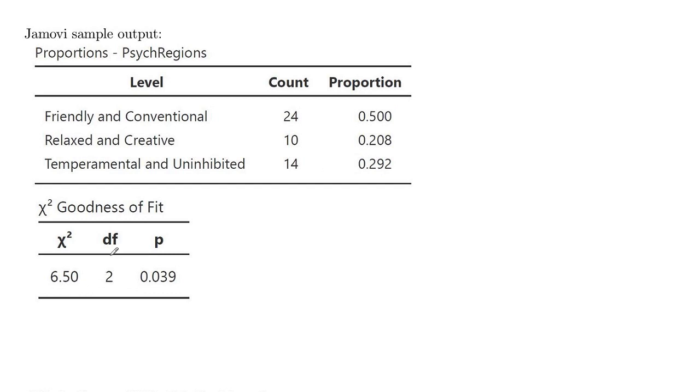Our degrees of freedom were 2 because there's only 3 groups, and our p-value was 0.039. So this is saying that these counts here differ from the expected values because our p here is less than 0.05. So at the 0.05 level, this would not follow the expected distribution.